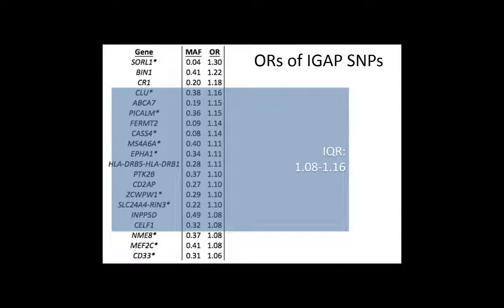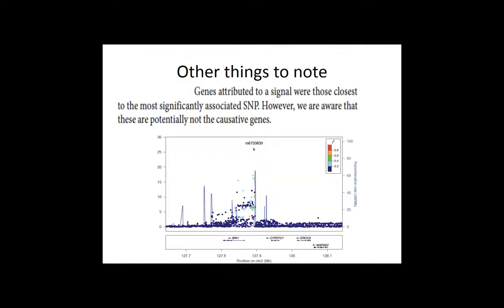So really little bitty signals, and at the bottom end, these are really little, right? These are barely differentiable from the null. They're barely there. And so no wonder it's hard to replicate. They're tiny little signals. Other things to note, and Alice, yeah.